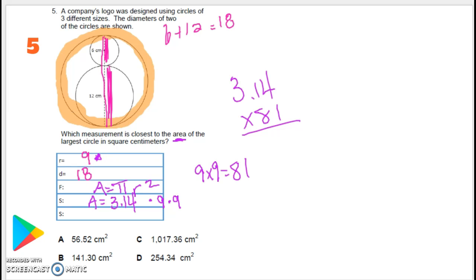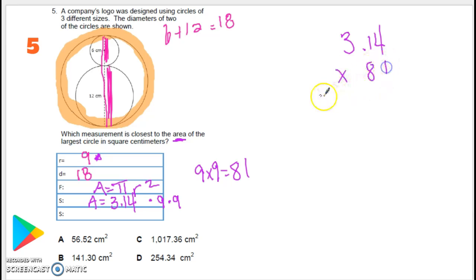That's probably not the best place to put that, so I'm going to move that over. 3.14 times 81: 1 times 4, 1 times 1, 1 times 3, leave a space filler. 8 times 4 is 32, 8 times 1 is 8, 9, 10, 11, 8 times 3 is 24, and 1 is 25.